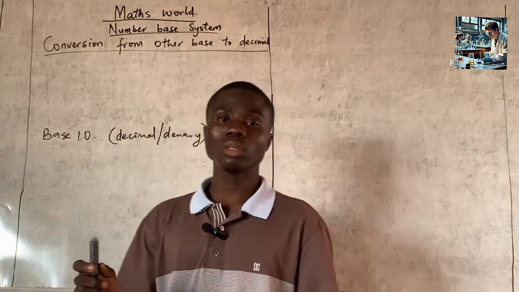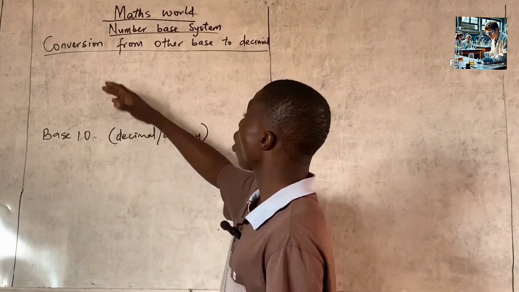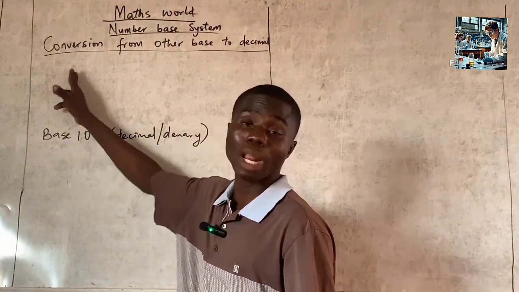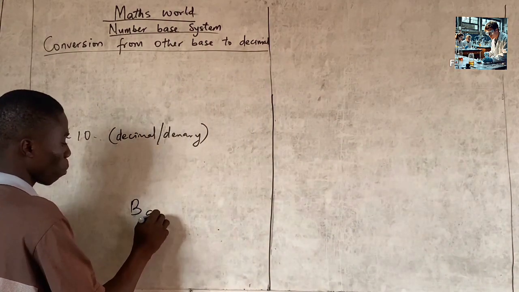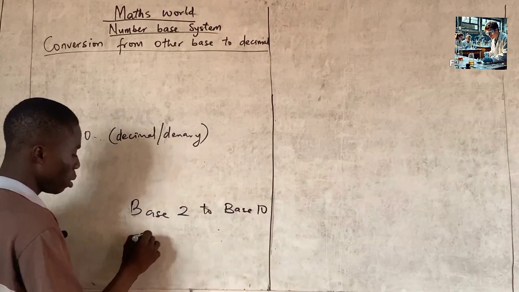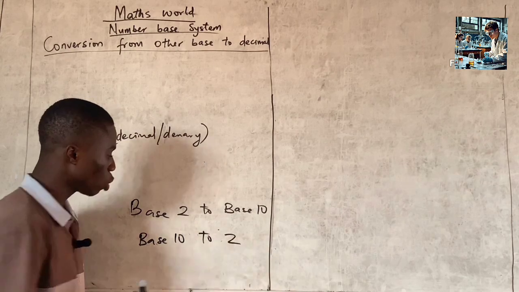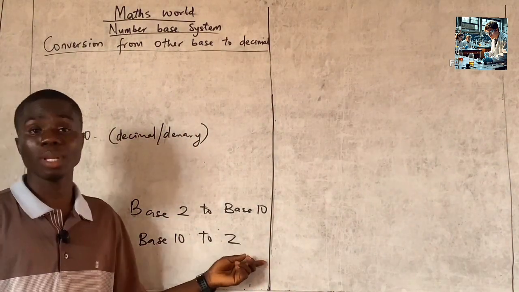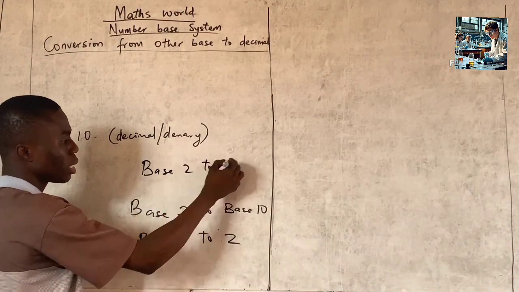Now, the rule of these bases is that you can only convert another base to base 10, and from base 10 to another base, never directly from one other base to another. For instance, you can convert base 2 to base 10 and base 10 to base 2, but you cannot do base 2 to base 3 directly.